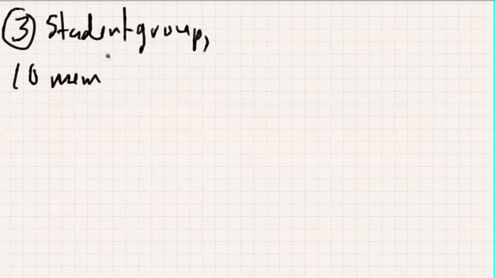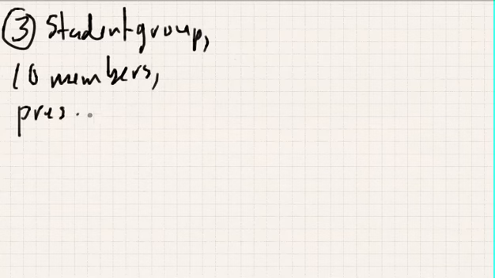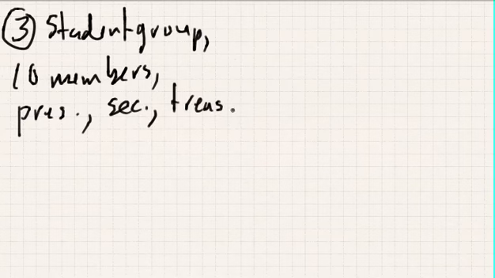Great. Let's look at a third example. Let's say I have a student group and it has, let's say, 10 members, and we need to elect a president, a secretary, and a treasurer. Now here it's not obvious that this is necessarily going to be a permutation because where am I putting things in order?